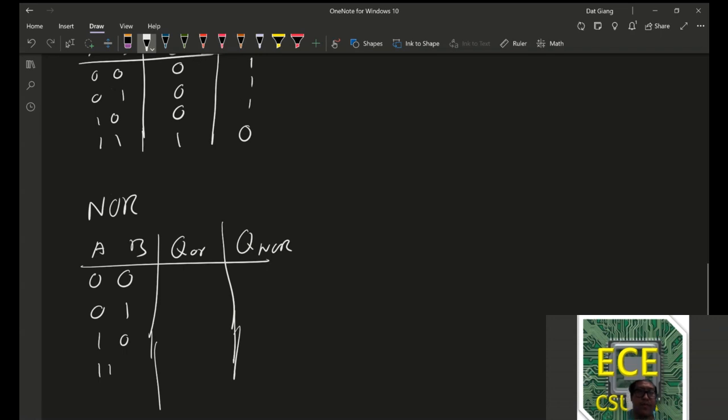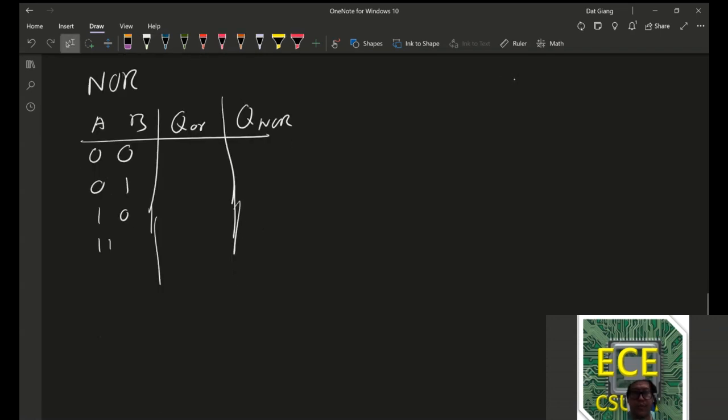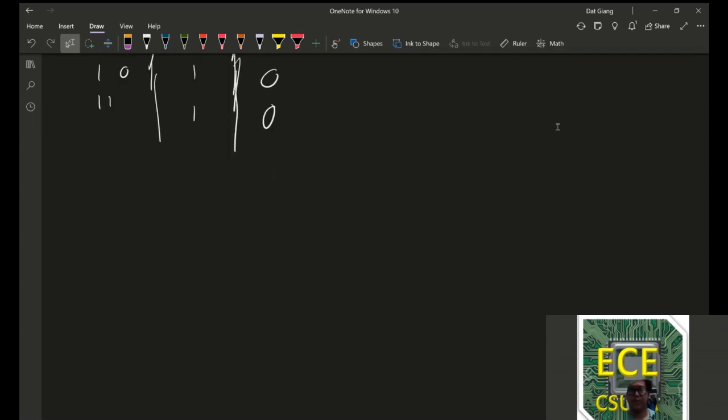Previously, OR meant that only one of them had to be true in order for the output to be true. But for a NOR gate, only when both are false is it true. So it's flipped.